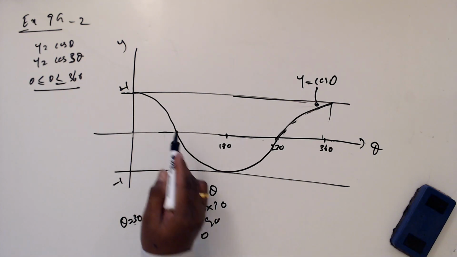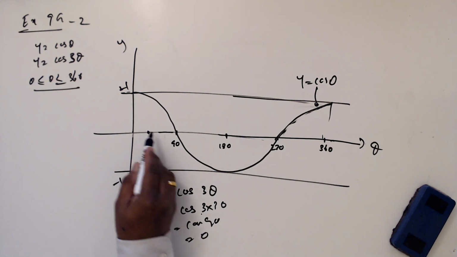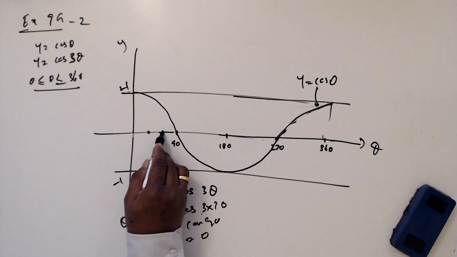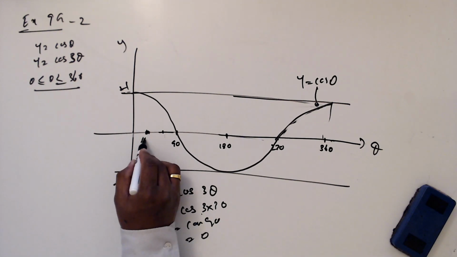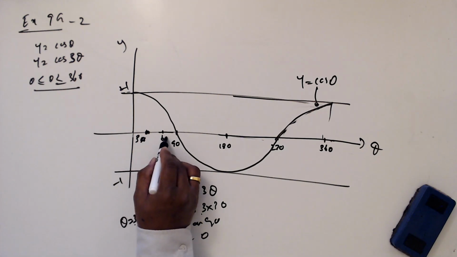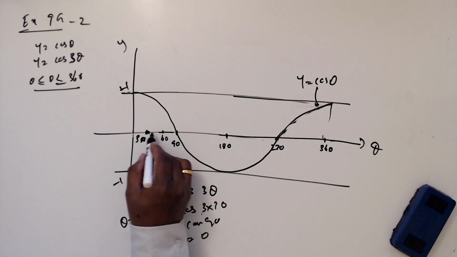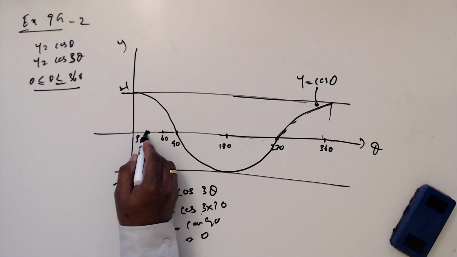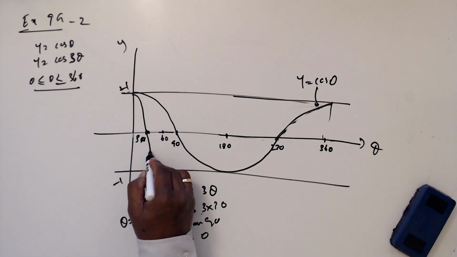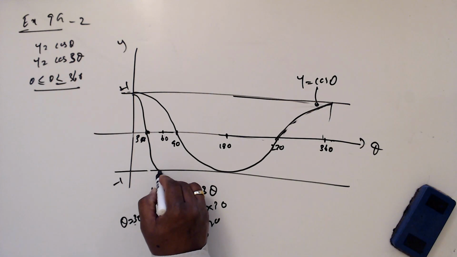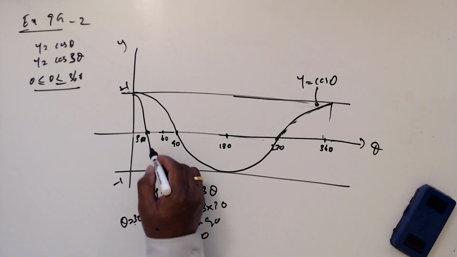Now this is 30, and this is 60, 90. Now this 90 is shifting here. It's going to be like this.